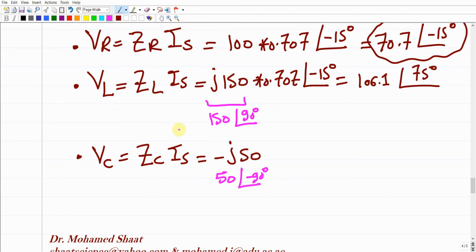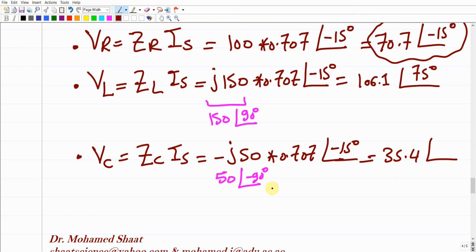Make sense? Times 0.707, the angle is negative 15. Then you multiply the constants, 50 times 0.707. This is going to give us 35.4. Then you just sum the angles. Negative 90, negative 15, this gives negative 105 degrees.